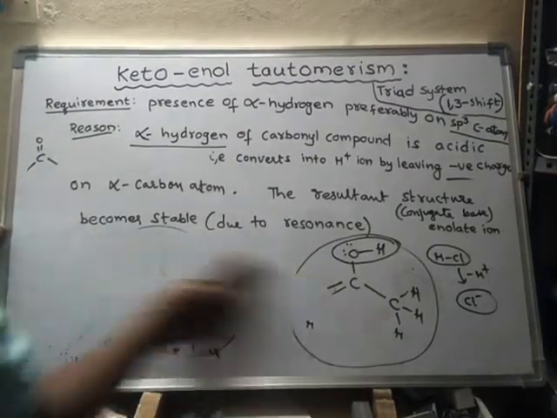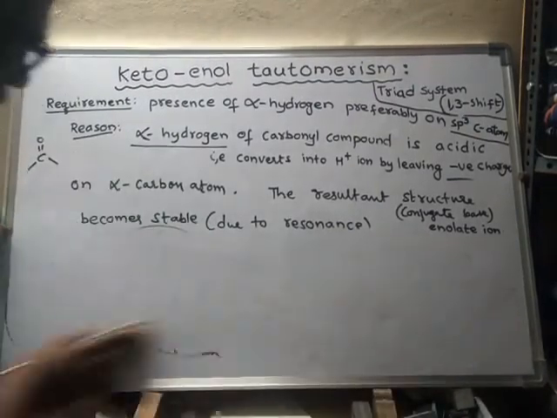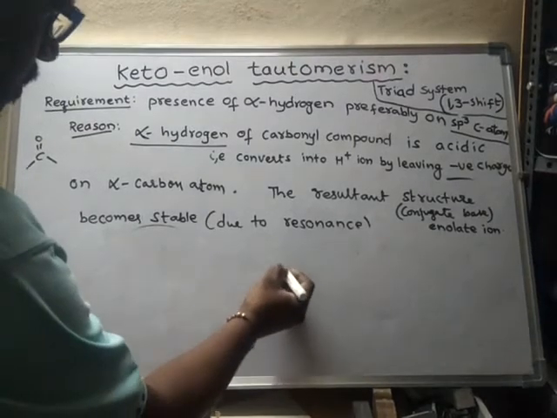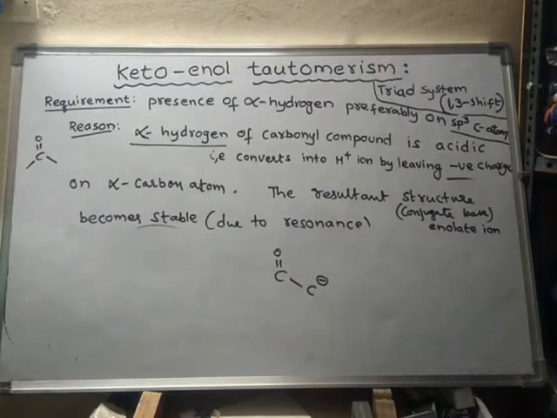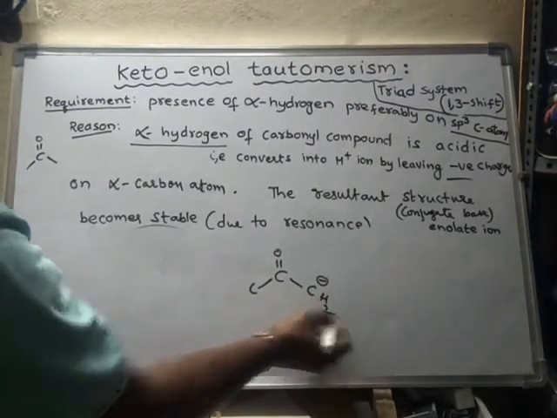Now, how is the enolate ion represented? Enolate ion is represented like this: on the alpha carbon, one negative charge, with two hydrogens.